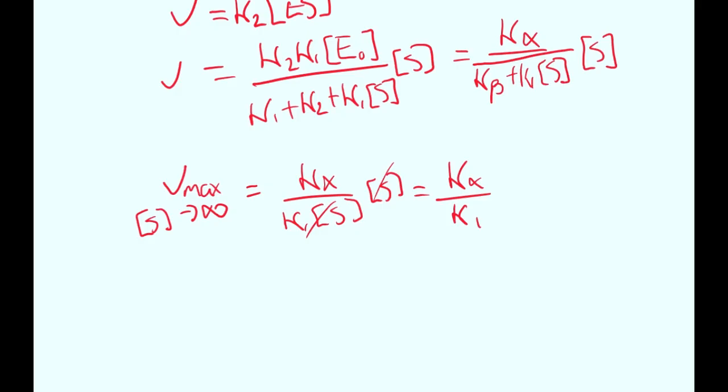When the substrate concentration gets so high, it has maxed out all of the enzyme active sites, therefore adding more substrate won't accelerate the reaction. In fact, the reaction is being limited by the concentration of enzyme instead. Note that K alpha is still proportional to the initial concentration of enzyme.